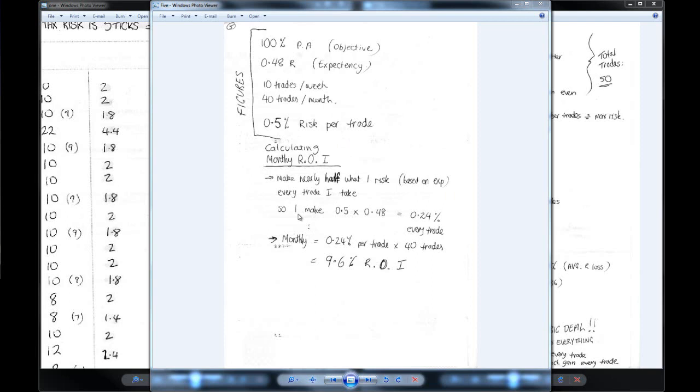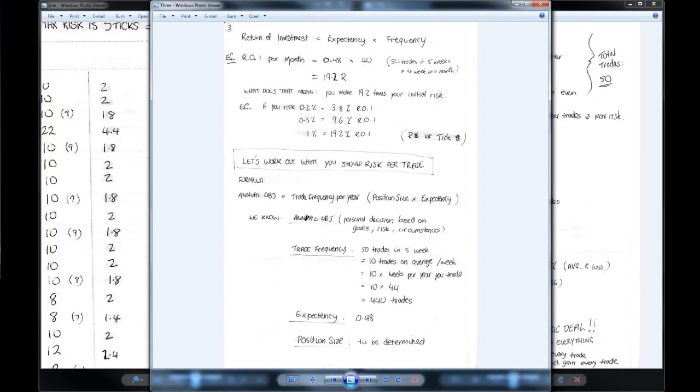Okay, so if I work out that 5 ticks for me is $1,000 risk, every time I click the button I'm making $500. So I make 0.5 times by 0.48. What I'm doing here is going back to where we worked out our monthly R. You take your expectancy times by frequency, that gives you monthly return based on your risk.